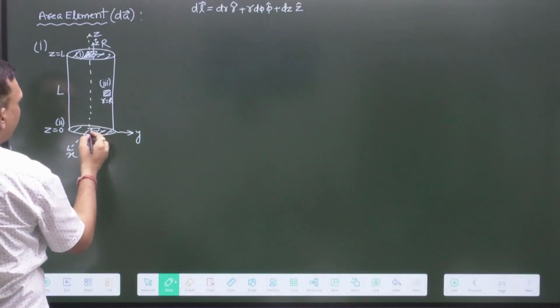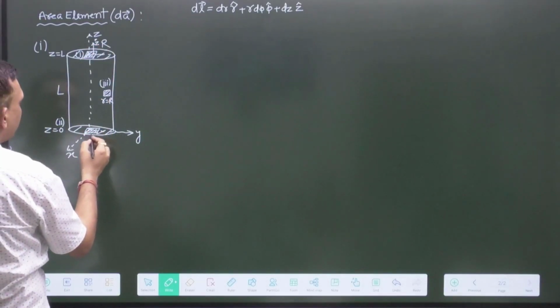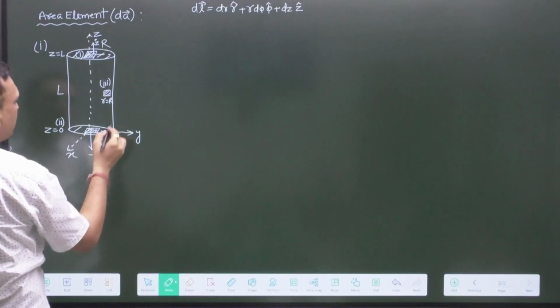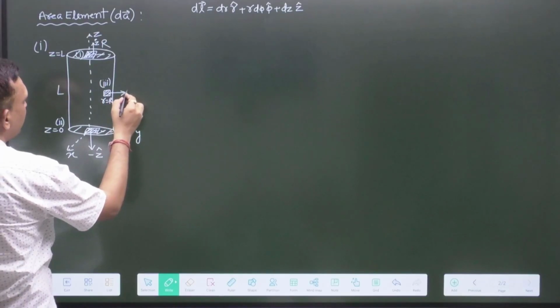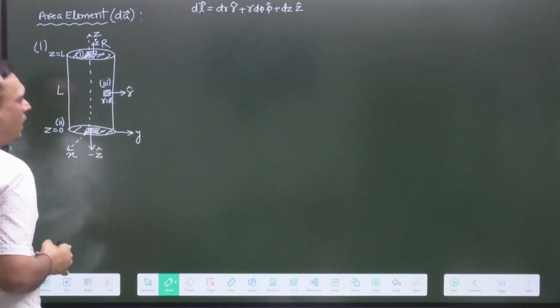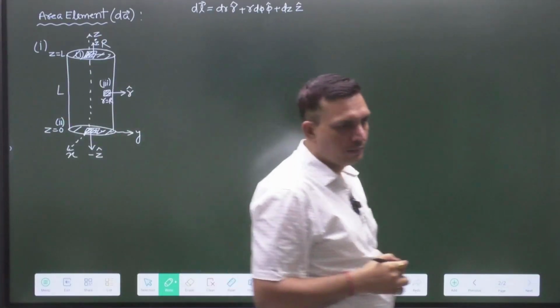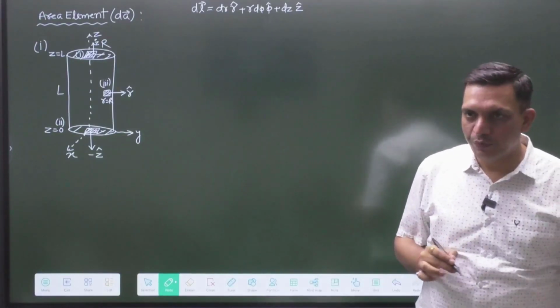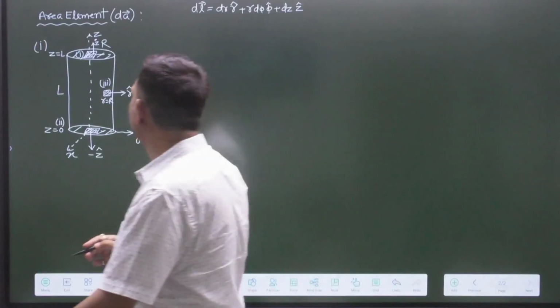On the bottom, away from the surface, the direction is minus z cap. On the curved surface, away from the surface, the direction is r cap. I have shown the direction of the area element on each surface, away from the surface.